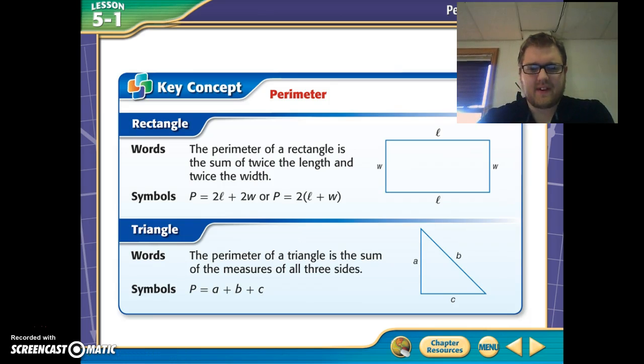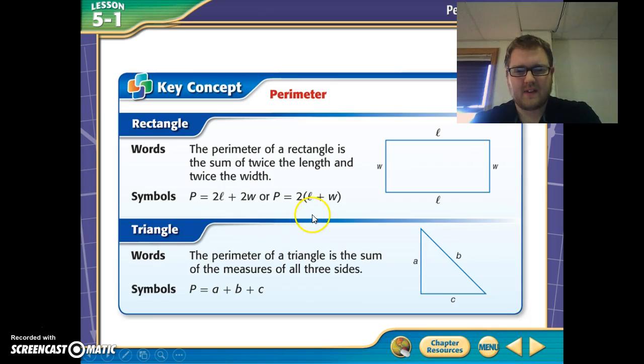That's essentially the definition of a rectangle. We're going to take the size of the length, double it, and add it to double the size of the width. So in a formula, that would look like 2 times the length plus 2 times the width. Double the length plus double the width.